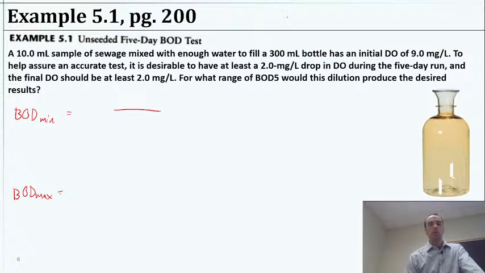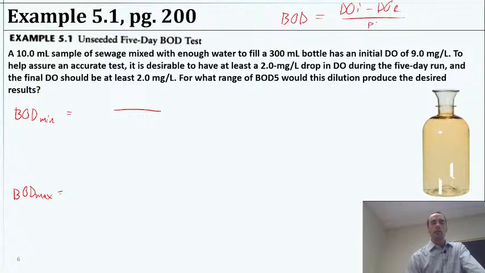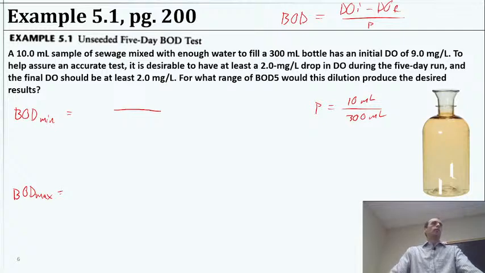Recall the equation we're using: BOD is equal to the DO initial minus the DO final divided by some dilution factor. In this case, we can find the dilution factor. We said 10 mils of sample sewage mixed with enough water to fill a total bottle of 300 milliliters, right? So 1/30 is our dilution factor.